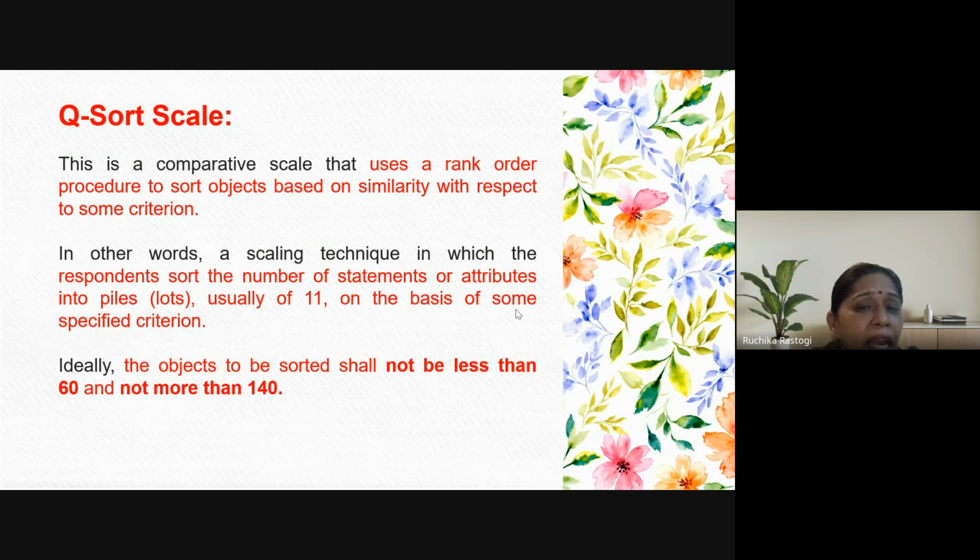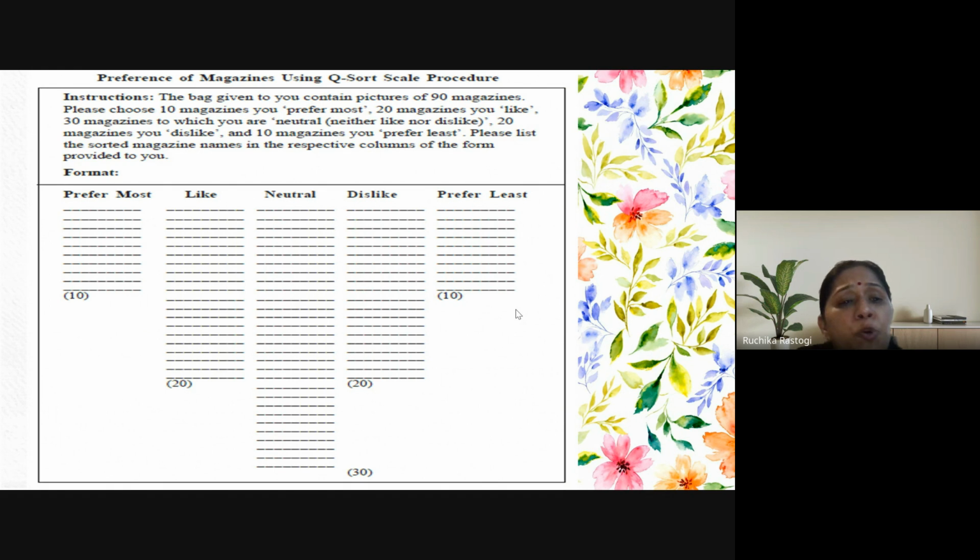The Q-sort scale is used when we are about to make a comparison or ranking order of two goods. You are supposed to give the numbers to those goods which are preferred most, so you are making a ranking of these. Whatever product is preferred most, you put at the highest point compared to the lowest one, likewise for like, neutral, dislike, and preferred least.